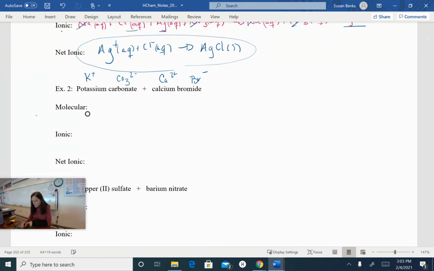Okay, so to balance out potassium carbonate, I'm going to need 2 potassiums and 1 carbonate. Now, is that soluble? What's our rule about group 1 metals? They're soluble, no exceptions, right? So that will be aqueous, that will be soluble. And then calcium bromide. So I'm going to need 1 calcium, 2 bromides.